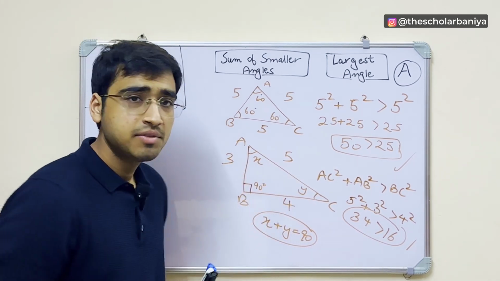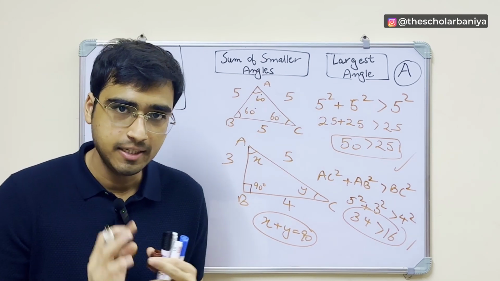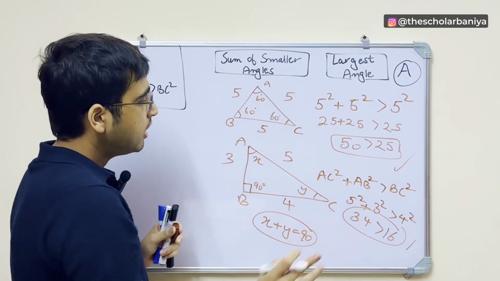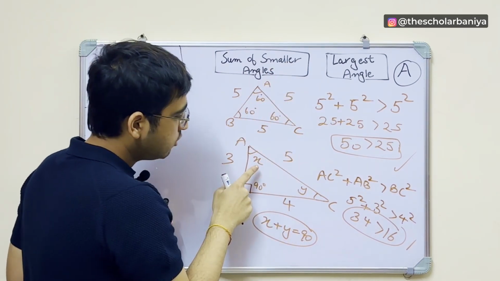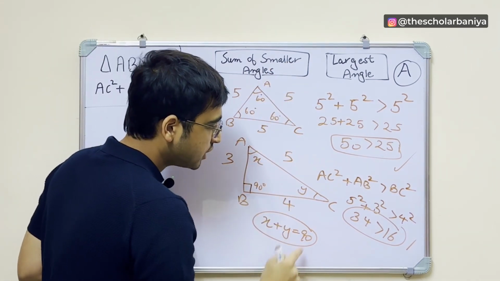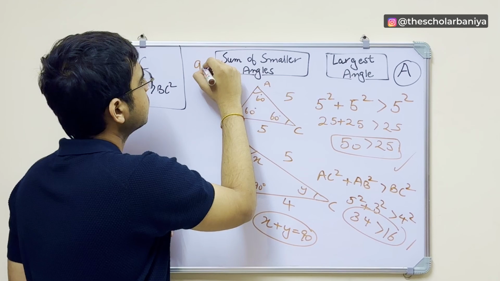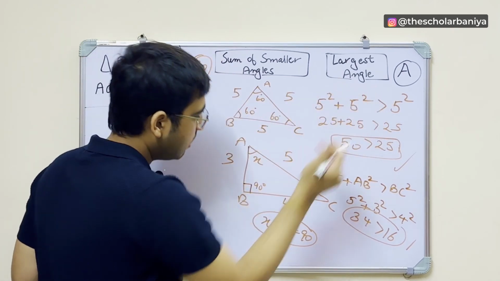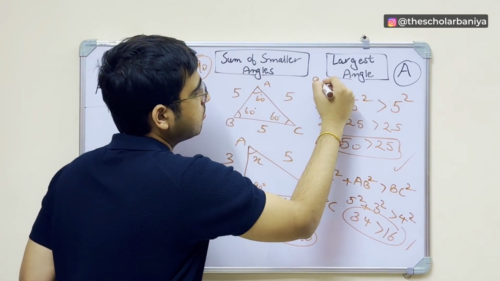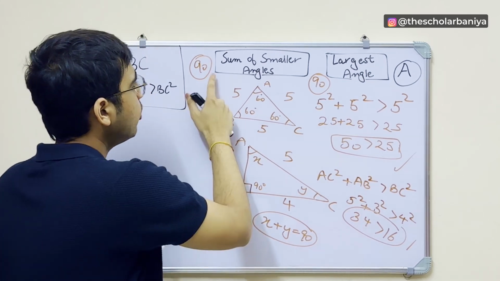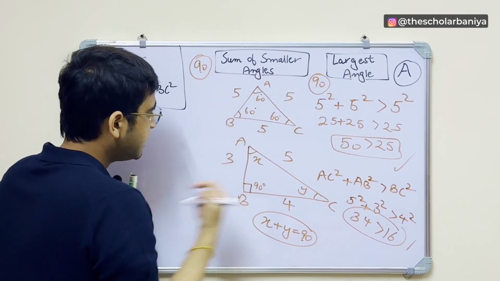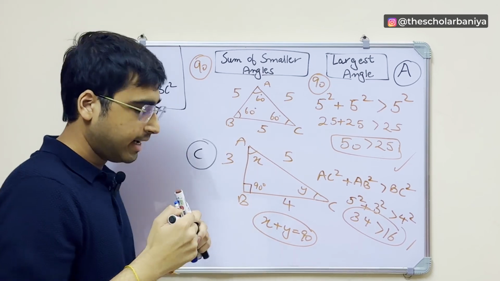So obviously the sum of the remaining two angles will also be 90, right? So according to the given question, the sum of the smaller angles is 90, and the largest angle is 90. So in the second case, both the parts are equal. So we get C as the answer, right?